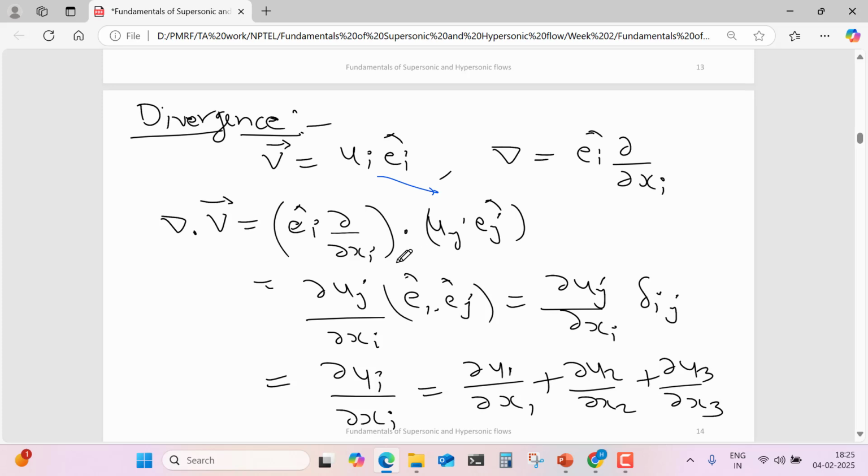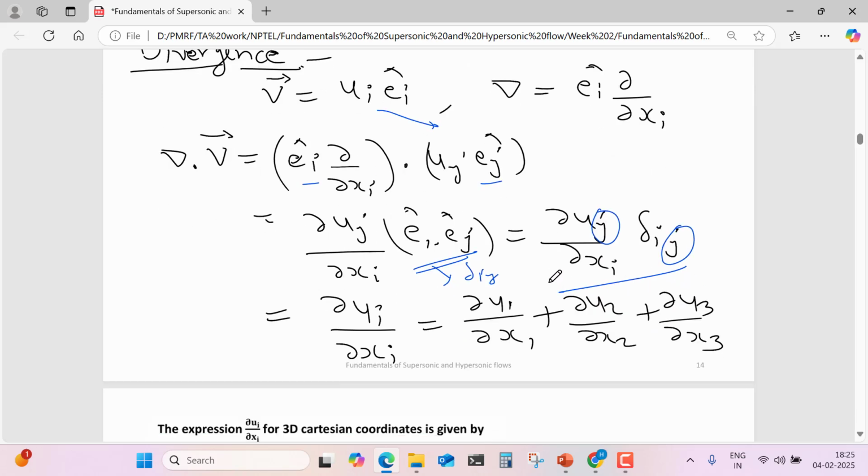This derivative will be for this u_j, and the dot product will be for e_i and e_j. So ∂u_j/∂x_i times e_i cap dot e_j cap. This will be written as delta_ij. Now if you see this delta_ij, we can change the indices for u_j, because this index is being repeated. So it will become ∂u_i/∂x_i, and it can be expanded as ∂u1/∂x1 plus ∂u2/∂x2 plus ∂u3/∂x3.